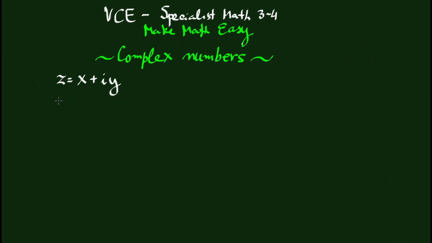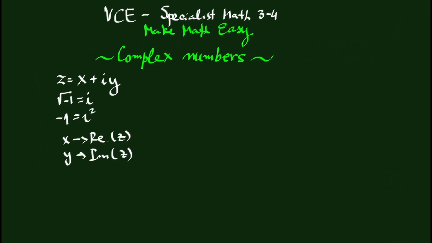Also worth noting, square root of minus 1 is i, and i squared is equal to minus 1. Also, x we call the real part of z, and y we call the imaginary part of z. So x is equal to real part, and y is the imaginary part.